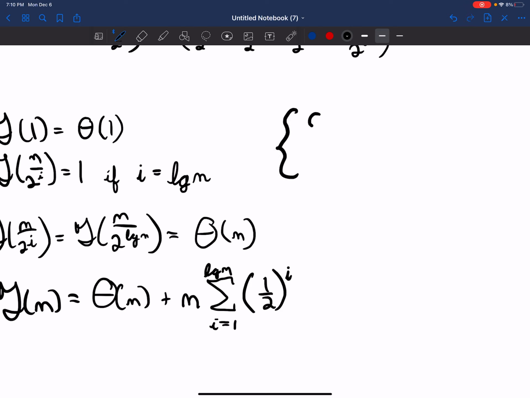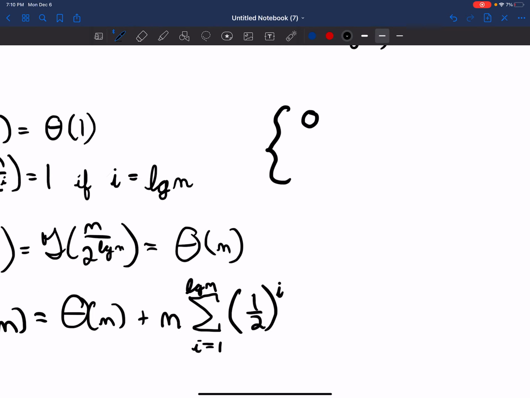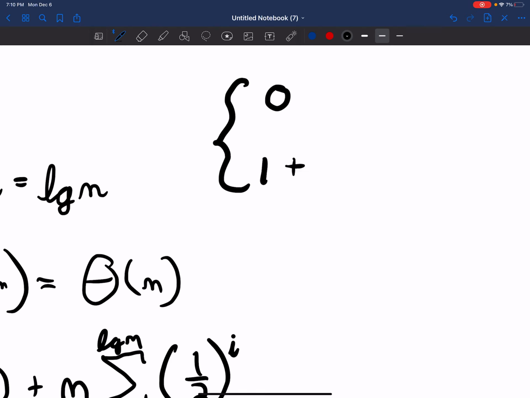It's something like this, where it'll be 0 if our n is, I think, something about it being related to 1. If it's greater than 1, then it'll do something. If it's less than 1, then it does something else. And the other possibility is 1 plus log star. I believe that's how it goes.